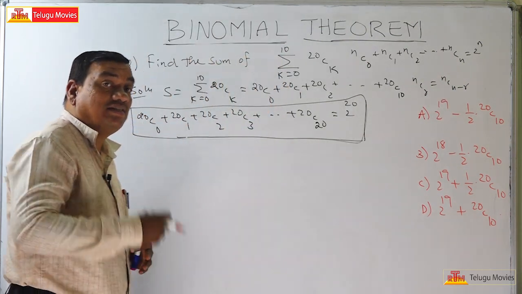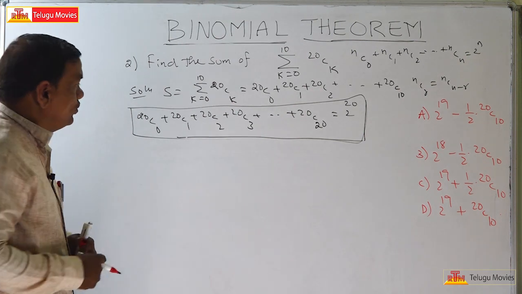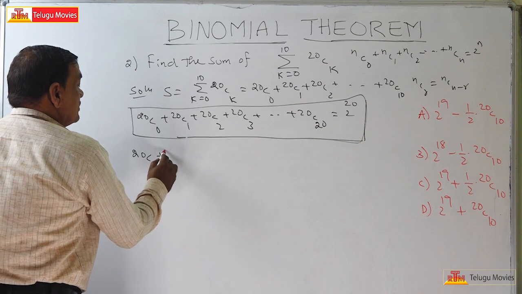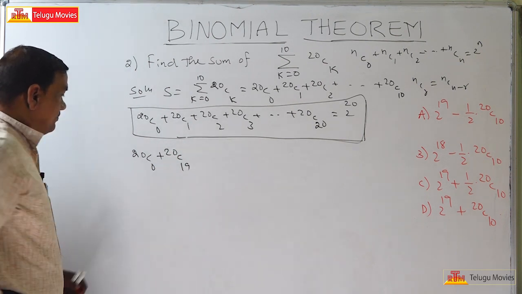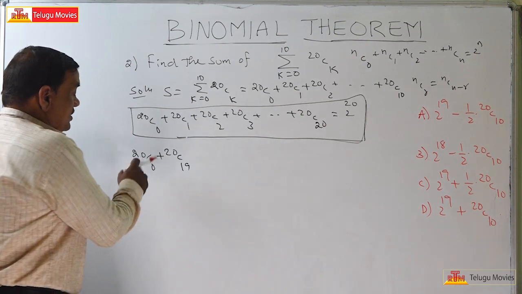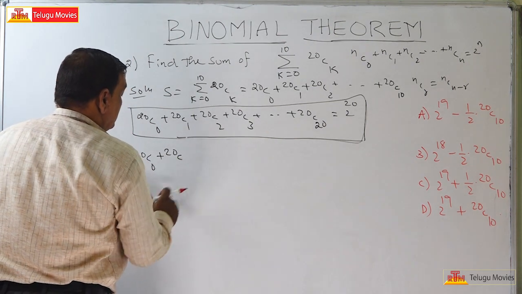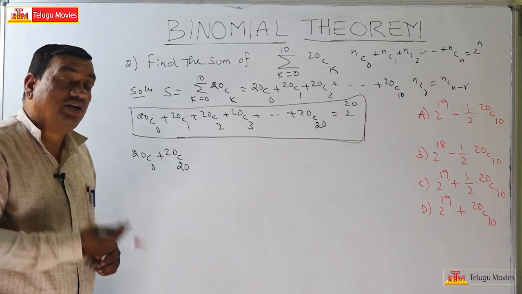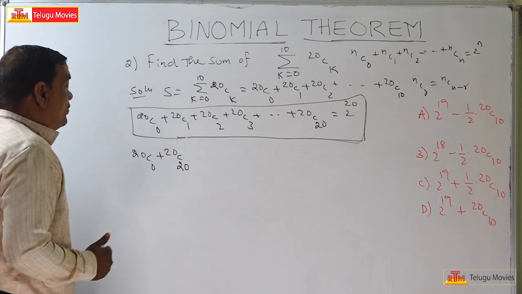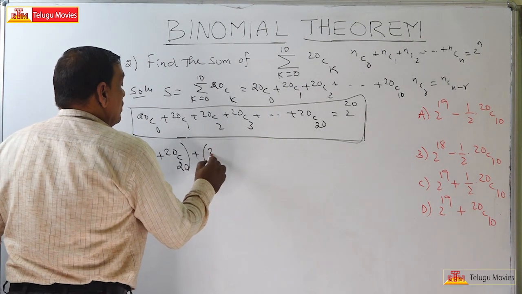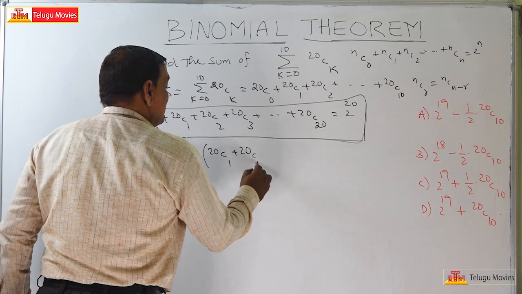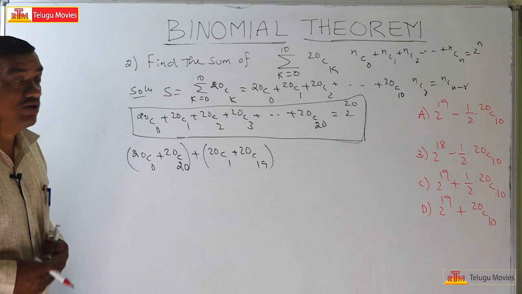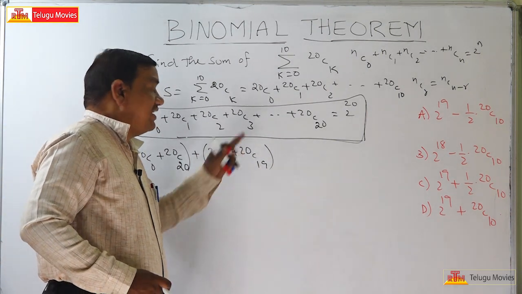Now, 20C0 value and 20C20 value are the same, so I will group them together. Next, 20C1 value and 20C19 value are the same, because 1 plus 19 is equal to 20.